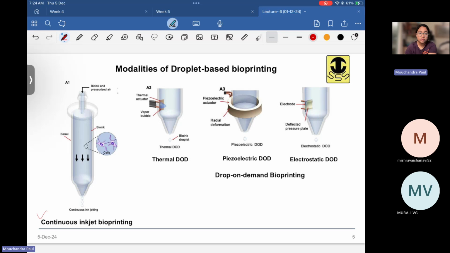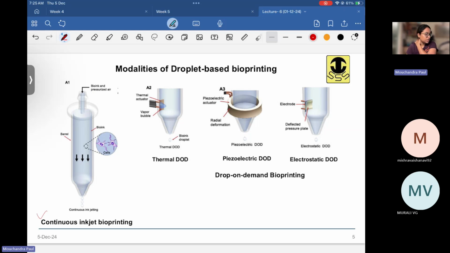Whereas drop on demand, where you create a drop when required, all right, that reduces the wastage. So drop on demand uses different types of actuators. Actuators provide stimuli for a drop to get formed. So you can use thermal actuators.